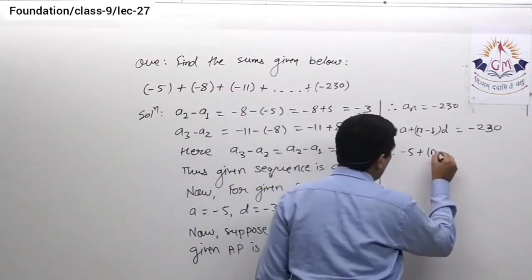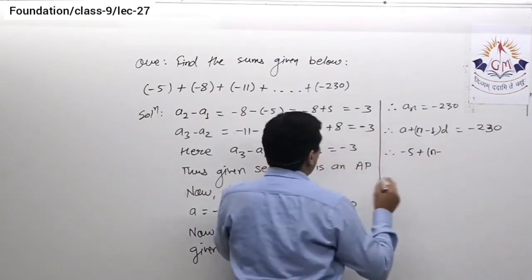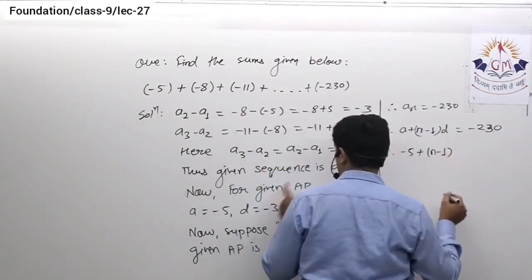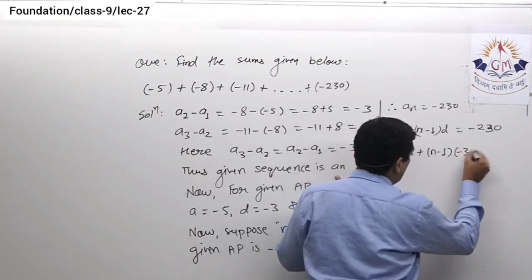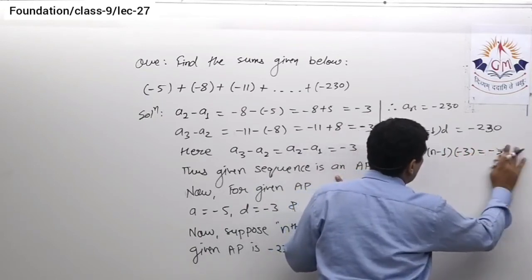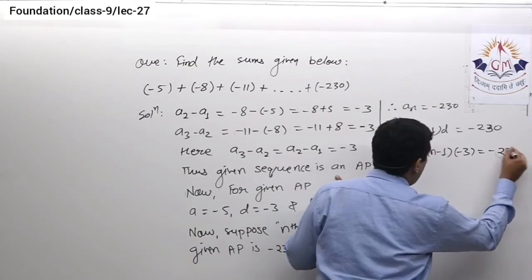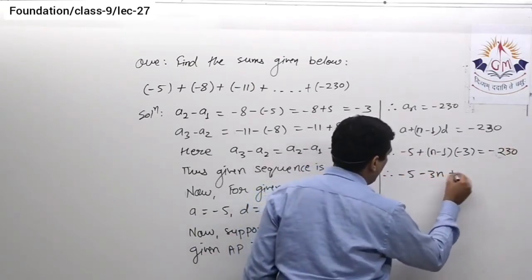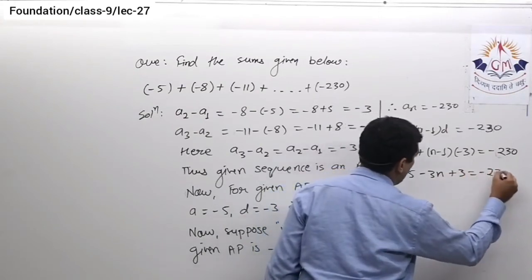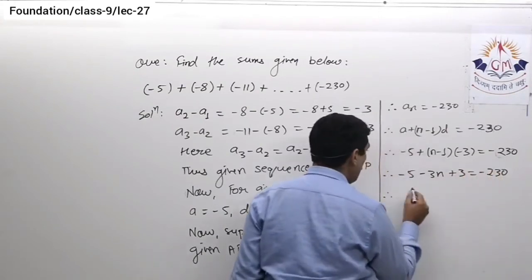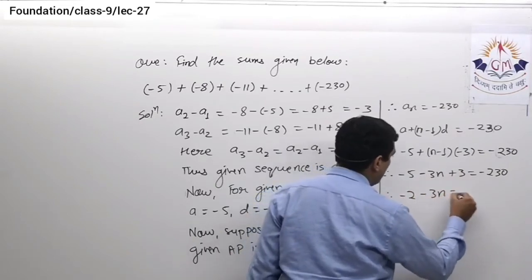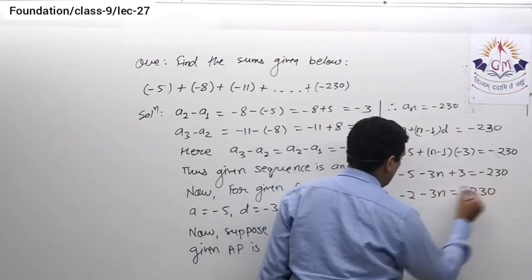Why do we need this? Because we need to find the sum of the terms, and for that we must have the number of terms. D is minus 3, equal to minus 230. So minus 5 minus 3n plus 3 is equal to minus 230. Now minus 5 plus 3 is minus 2, minus 3n is minus 230.